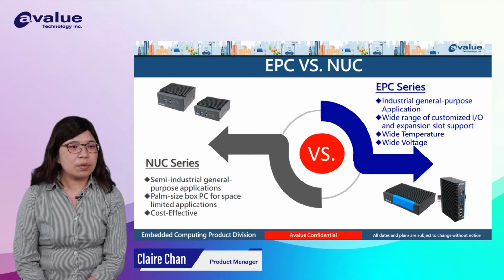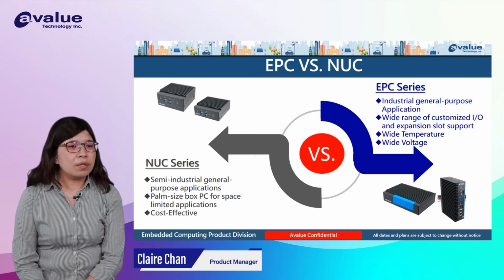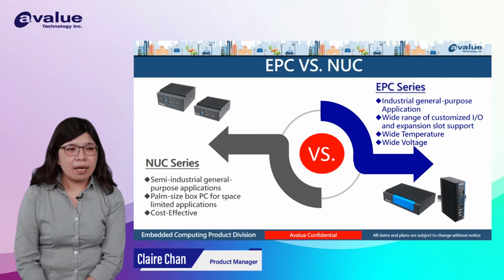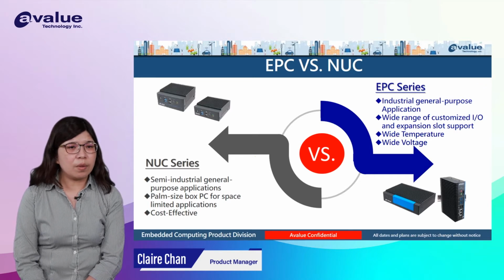Next, let's come to the left side for the NUC series. The NUC series is our new product line. As you may know, the NUC product from Intel is, from our understanding, not designed for industrial application, which means there is no product longevity support. Besides, the function design of input and output is not so suited for industrial use. The reason I say this is that the Intel NUC has a fan inside, no serial port, and no TPM support either.